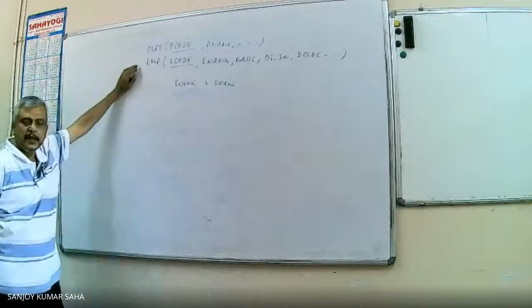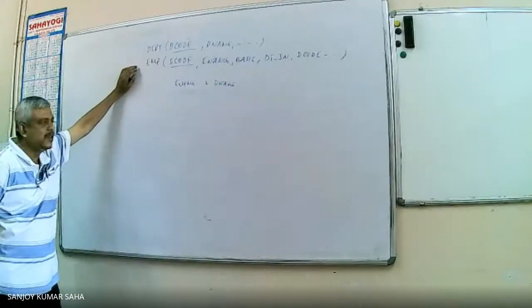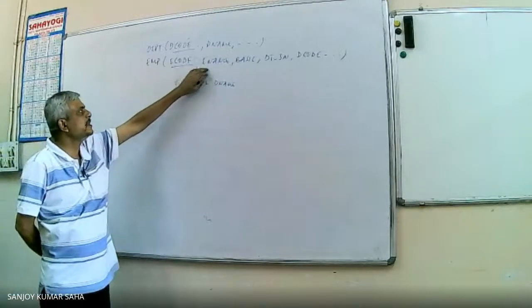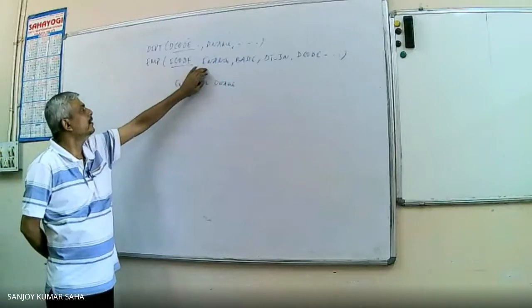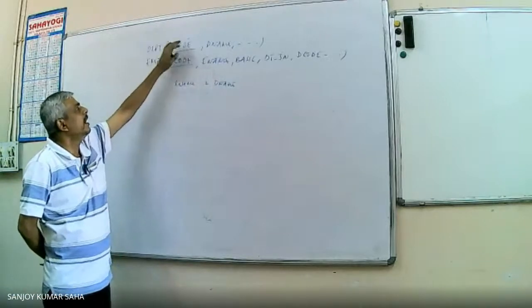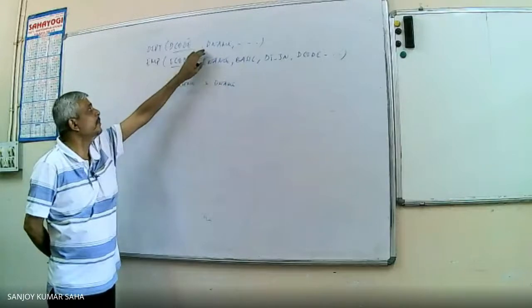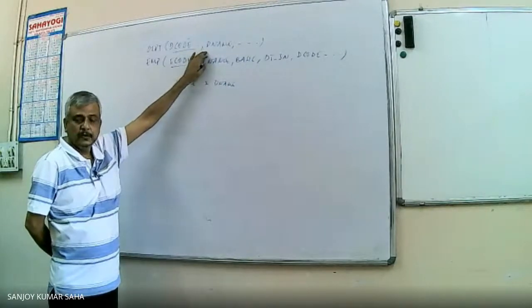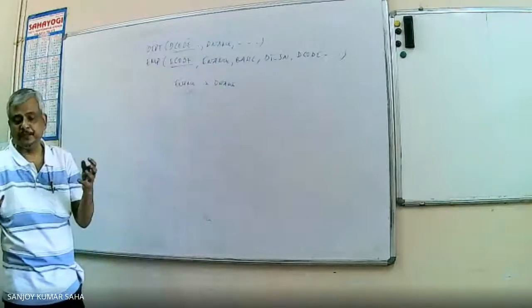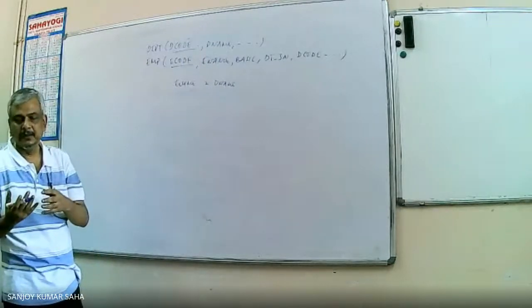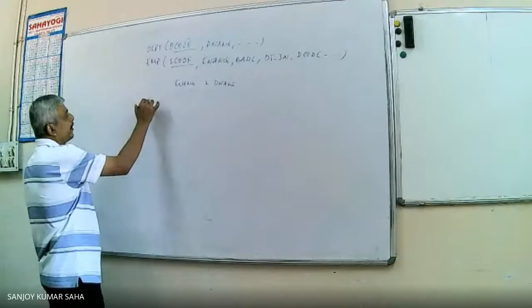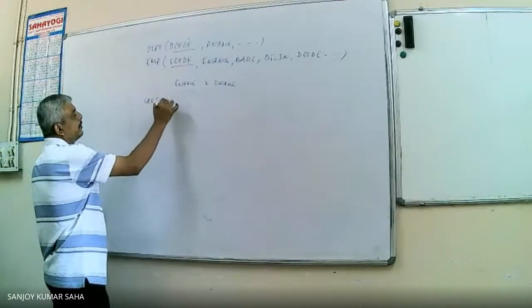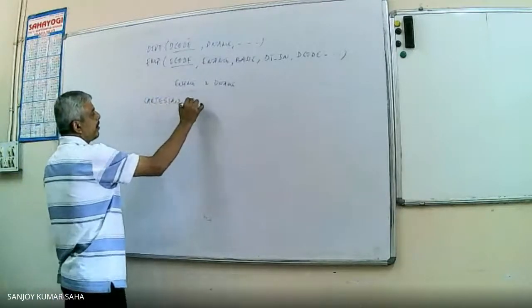We are not getting the information from the single relation. Employee name is present here, and there is no department name. The department name is available here. So when we need the information from multiple relations, we'll have to go for an operation called Cartesian product.